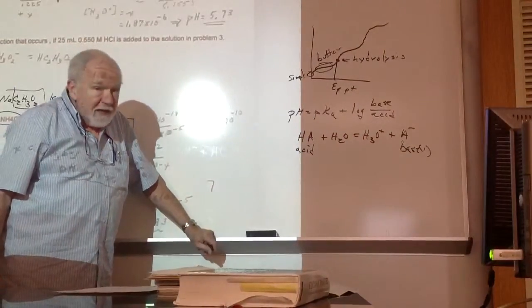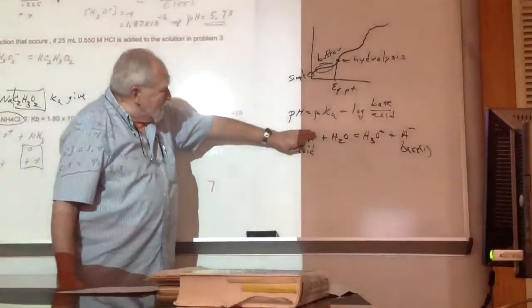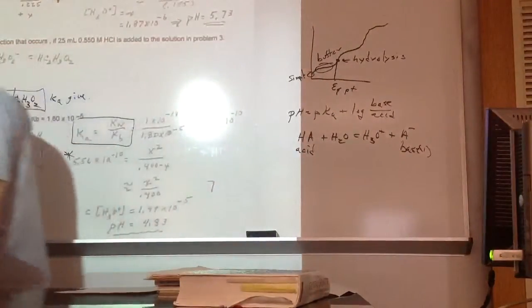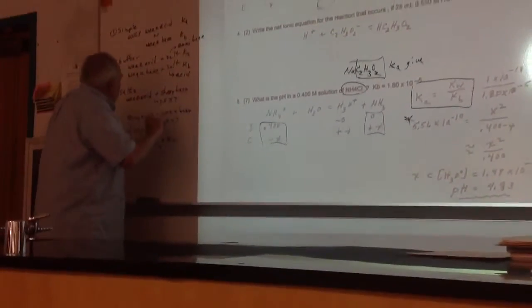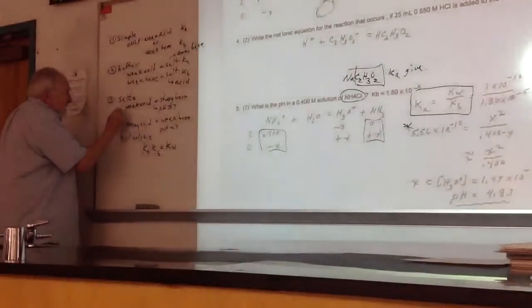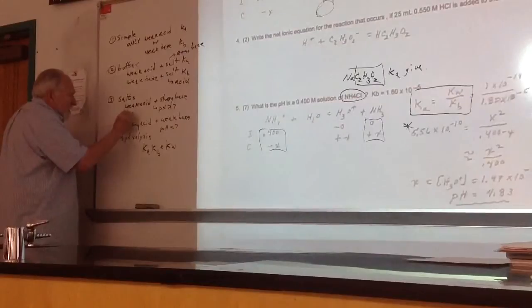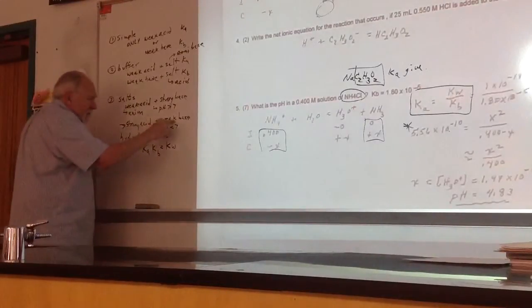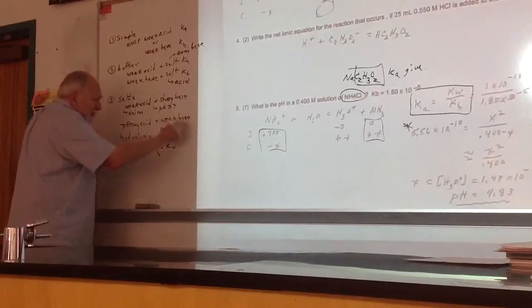Now when we get to none of this left, we now have the salt, which we do the hydrolysis reaction for. We talked about that for the weak acid, anion hydrolysis. This one gave you the cation hydrolysis.